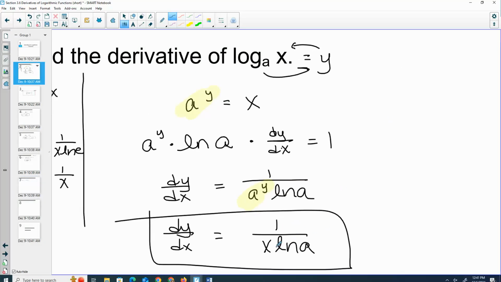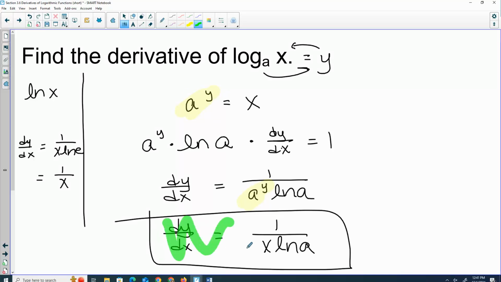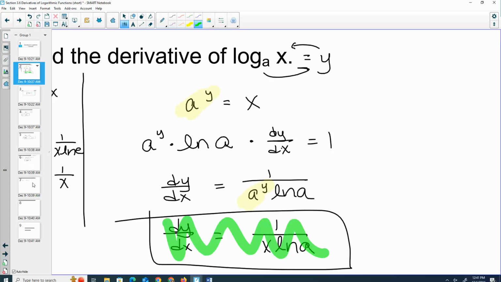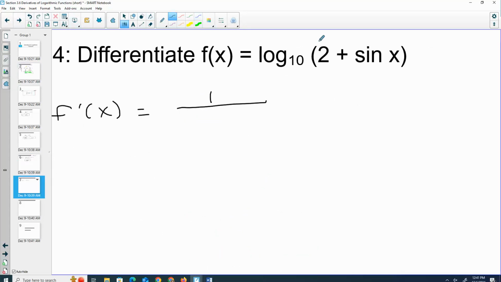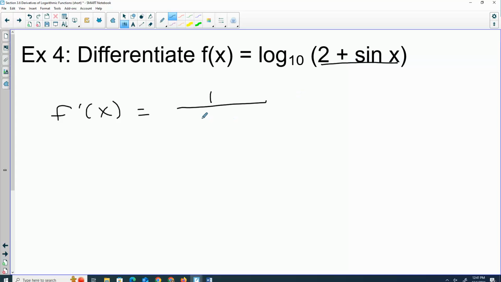The difference is it's 1 over x times the natural log of the base in the denominator. So here, if I'm doing this one, it would be 1 over the argument times the natural log of the base.